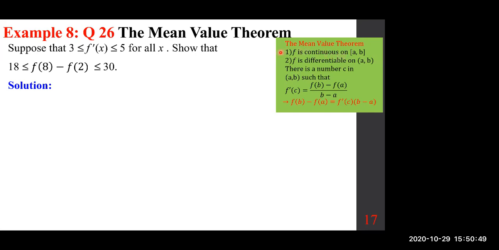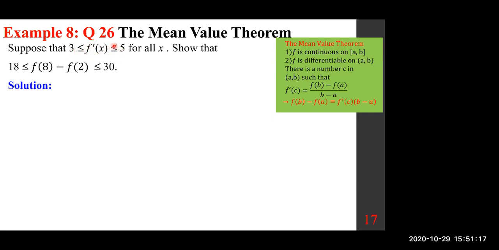Number one, f is continuous. Number two, f is differentiable on a to b. First of all, what is a to b? We are looking at f of 8 minus f of 2 here, so it must be from 2 to 8. So that's a and b. Then, is it true that they are continuous and differentiable? Yes. How do we know that? The sentence says f prime is between 3 and 5.